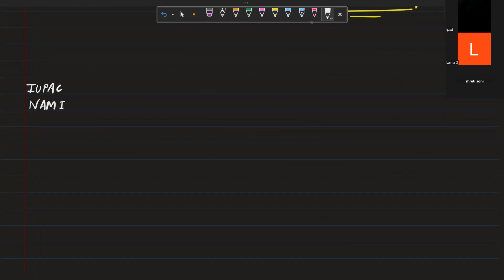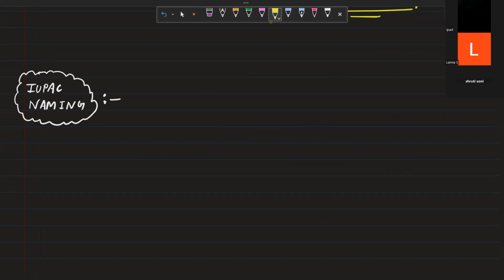So what are the rules of IUPAC naming? You are writing down with me only, right? Are you making notes with the class? I'm making notes of whatever you're writing down.